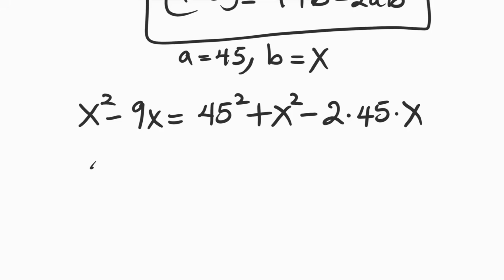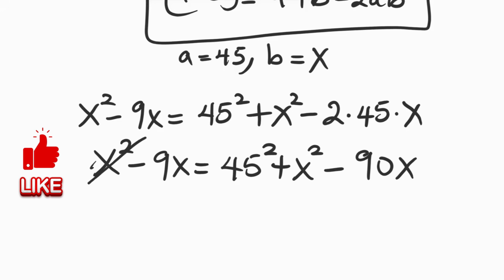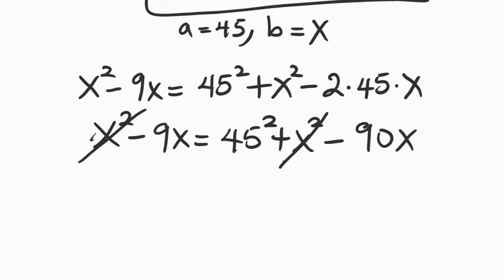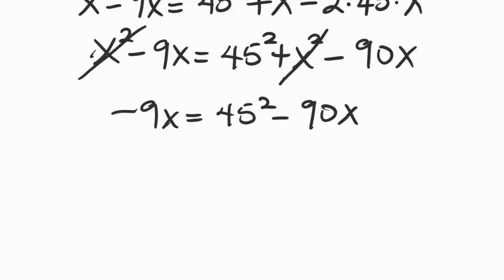So we have x squared minus 9x equals 45 squared plus x squared minus 90x. X squared will cancel out on both sides. And so what do we have left? We have minus 9x equals 45 squared minus 90x.